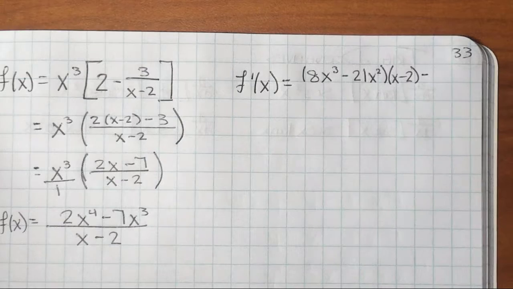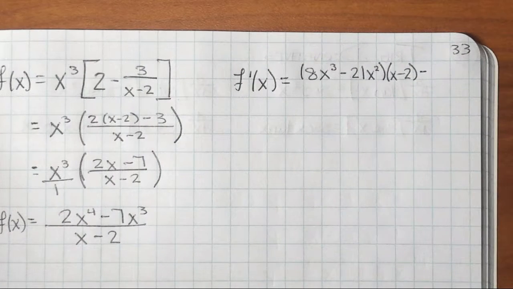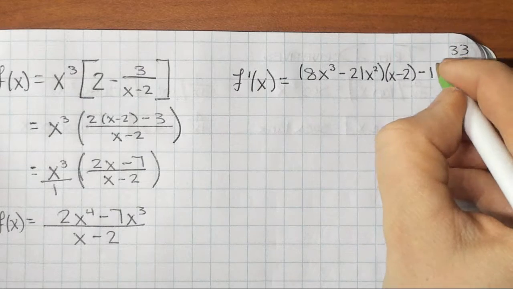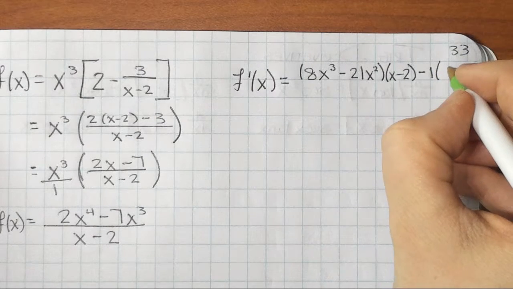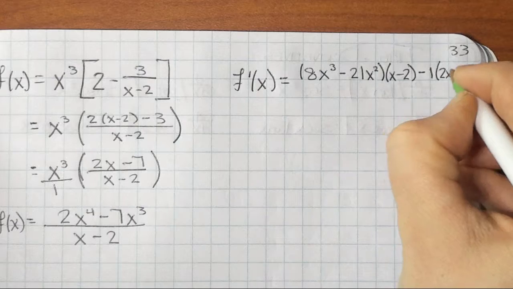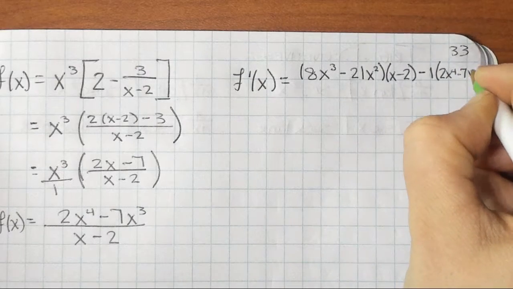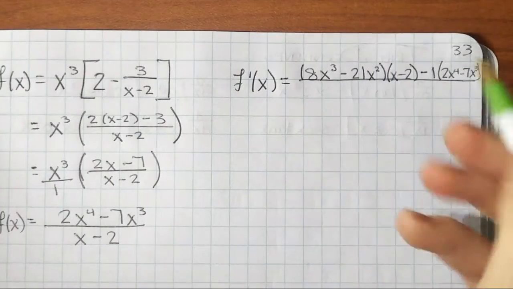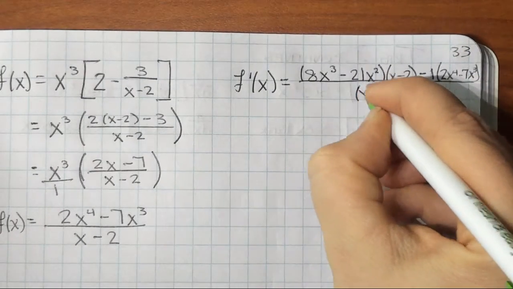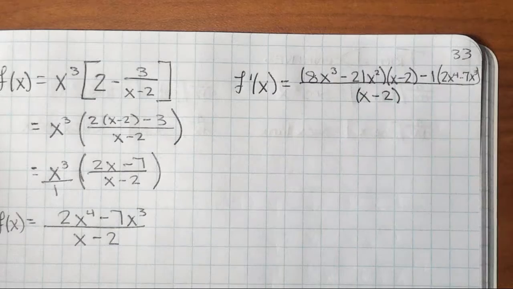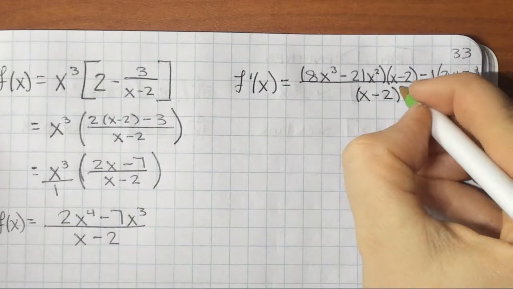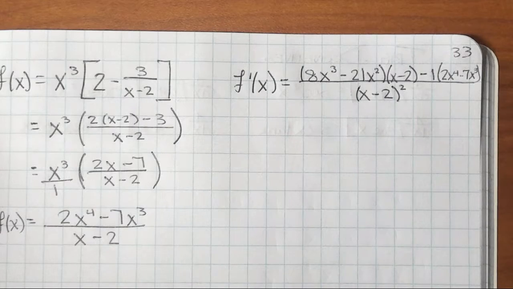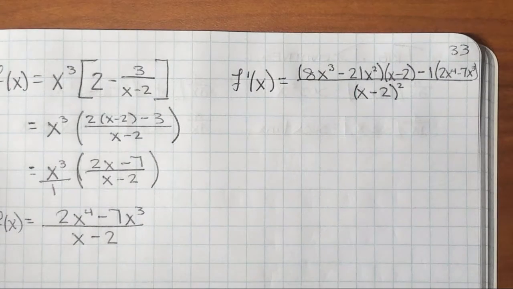Minus, what's the derivative of x minus 2? 1, thank you. It is not 0. Times, what's your numerator? Right. All over your entire denominator squared. Helps if I square it. This is technically a derivative. It's not going to look like this, though.